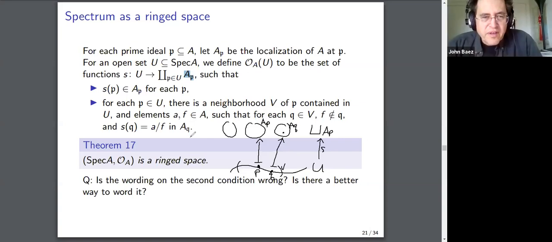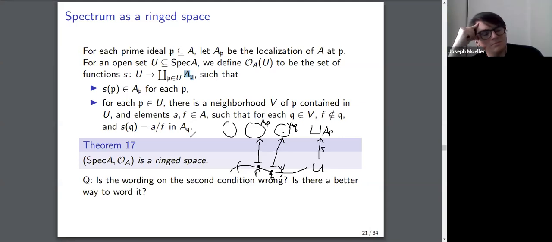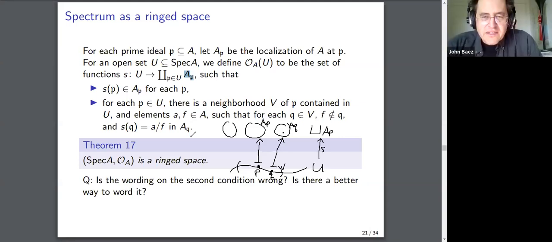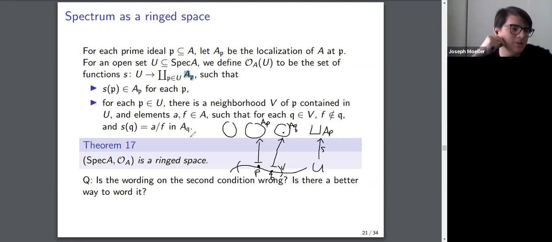I think you may have mixed up localization at and localization away from, which are both things people do. If we localize at P, it means we allow ourselves to throw in inverses of everything in every prime ideal that's not P. You're right. I completely ignored that. I knew that when I was taking this class, ring theory.